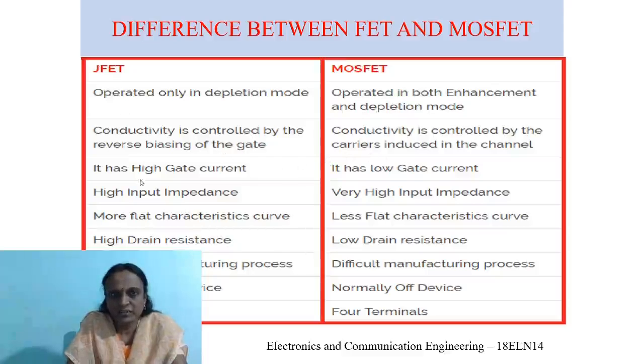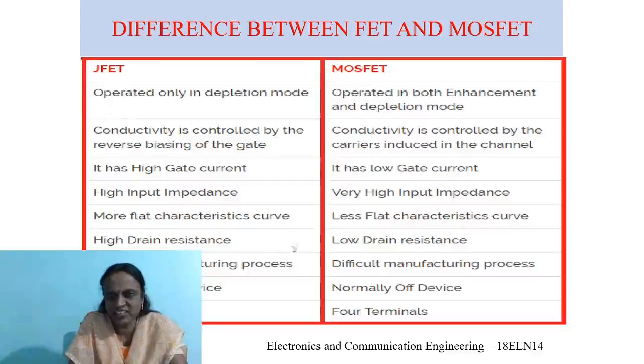Third, JFET has high gate current, whereas MOSFET has low gate current. JFET has high input impedance, whereas MOSFET has very high input impedance. JFET has a more flat characteristics curve, whereas MOSFET has a less flat characteristics curve.